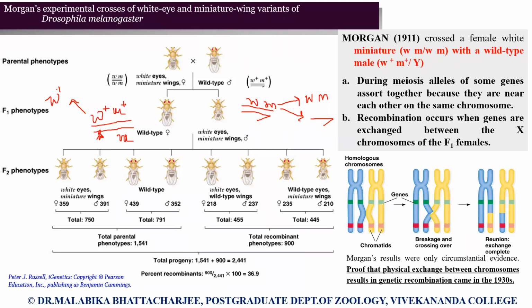Let me write the parentals first. W plus M plus. The second is the other parental. So these are the different gametes we will be getting. W, M. So gamete 1, gamete 2.